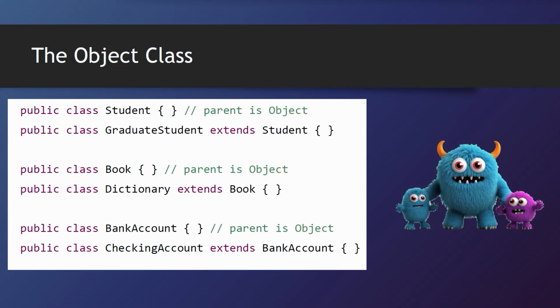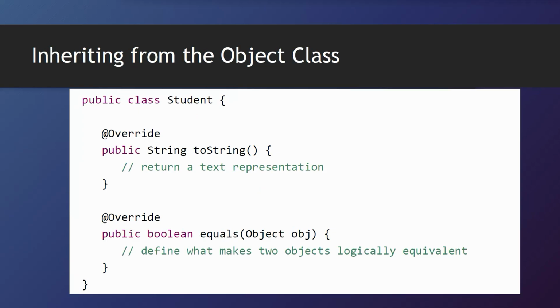All classes inherit some common methods from the Object class. You can override these methods to change the functionality so that it makes sense for your class. The toString method allows you to create a text representation of your object. This method is inherited from Object, and you override it so you can define what that text representation should be. The equals method is another commonly used inherited method.